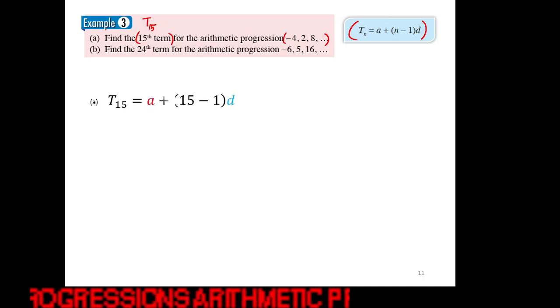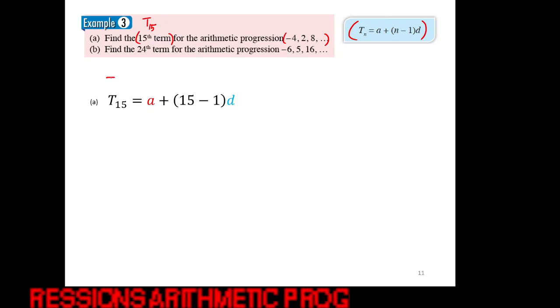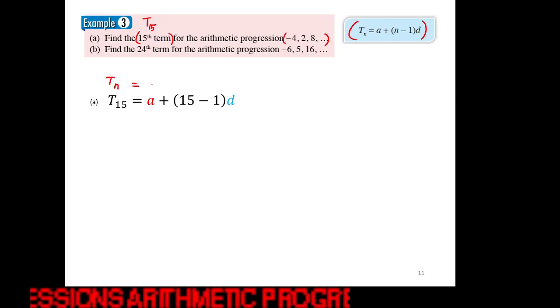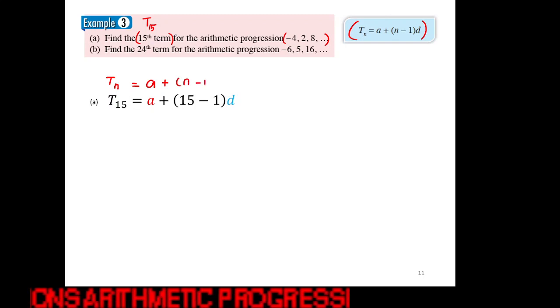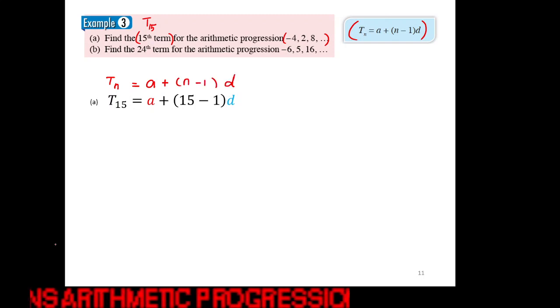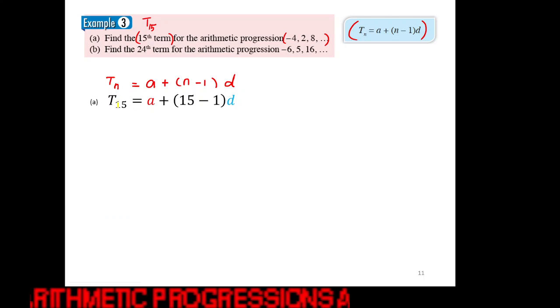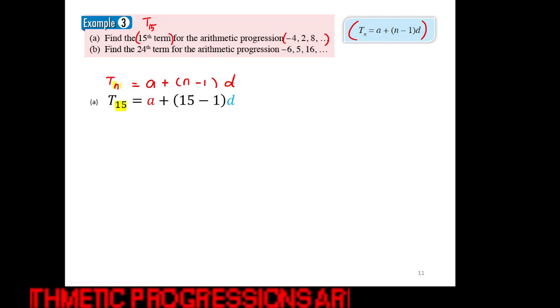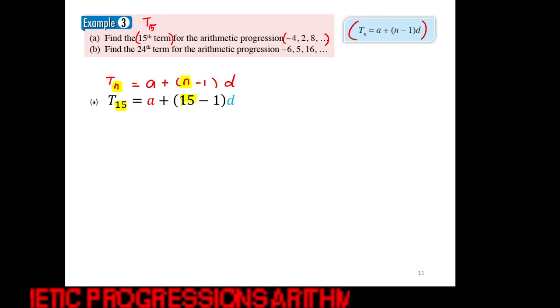First of all, that is the formula, whereby this formula comes from Tn equals A plus n minus 1 times D. So we already know that n is equal to 15. So this n here we substitute by 15, as well as this n over here.